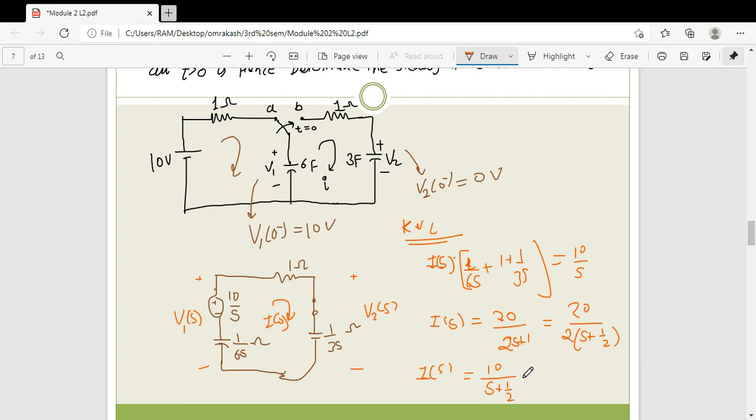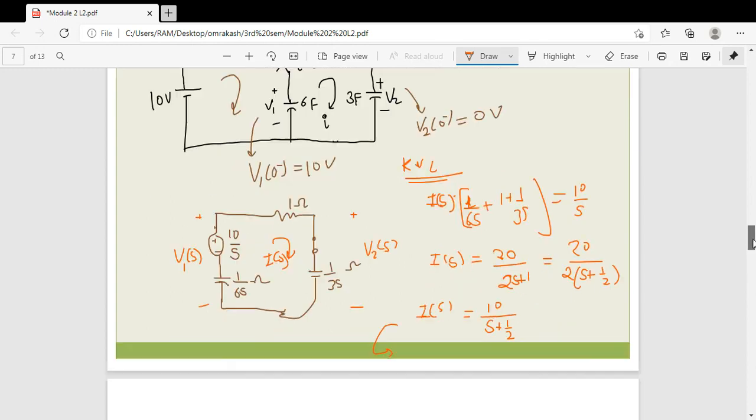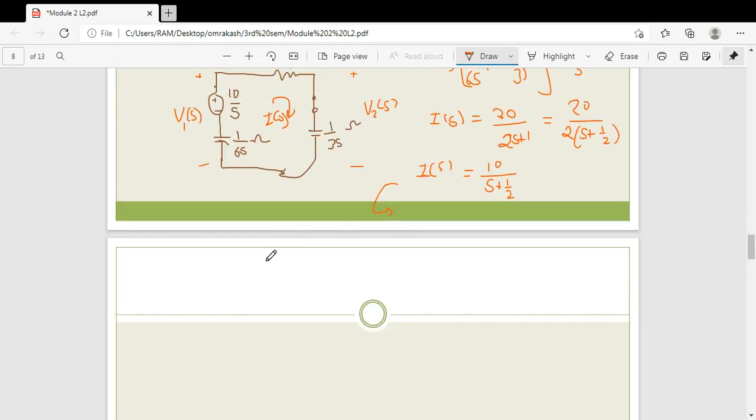Now take Laplace inverse transform for this. When you take Laplace inverse, you will get I of t is equal to 10 e to the power of minus t by 2, right? So at t equal to 0.